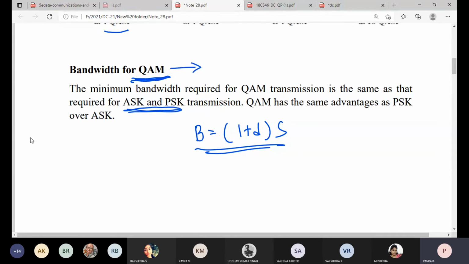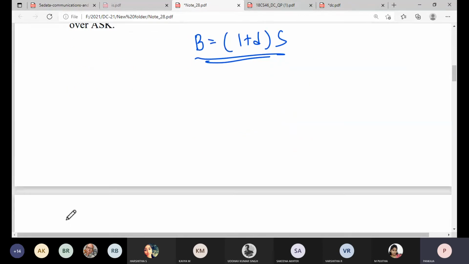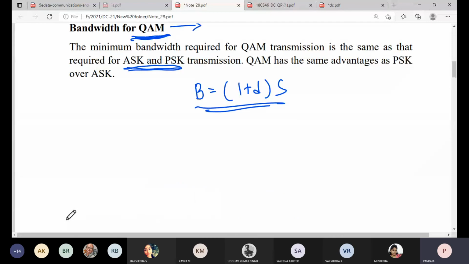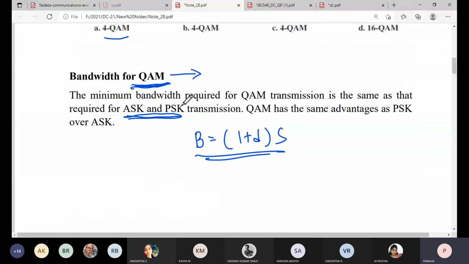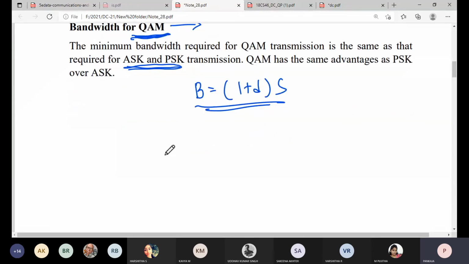The application of QAM is in satellite. Why is it required for satellites? Just explore yourself. What are the reasons they are using QAM instead of any other modulation technique?